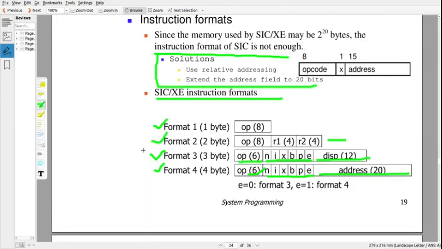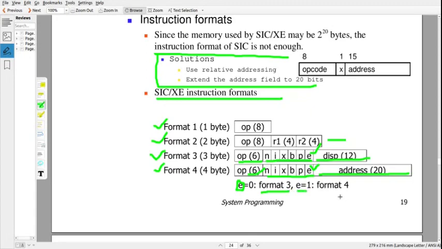Then look here. To identify whether the instruction is in format 3 or format 4, we have one flag bit called E. Here you can see the E bit, 1 bit. If E is equal to 0, then the instruction is in format 3.